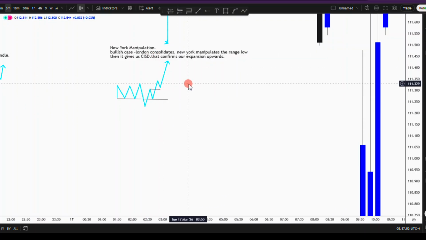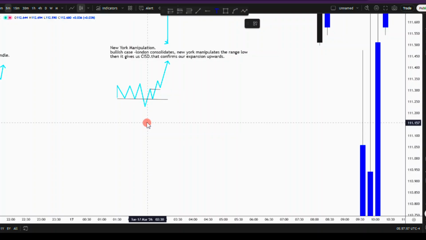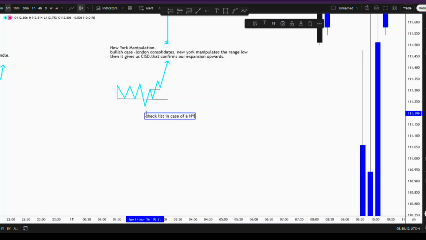So what I just want you to know is that in this case, there is a checklist you have to understand. So our checklist for the NY, New York manipulation profile.